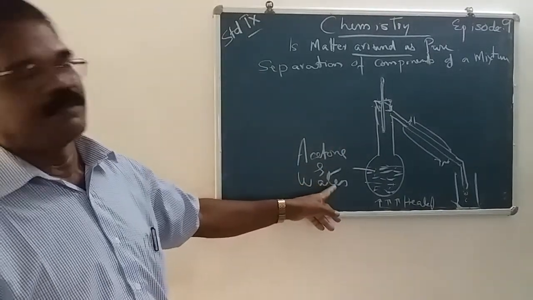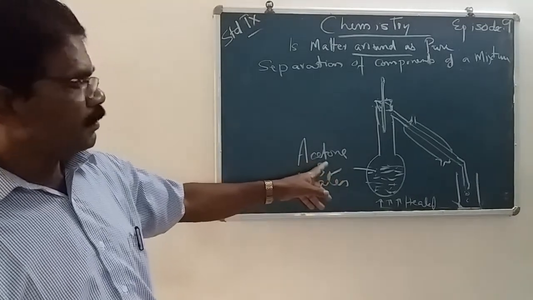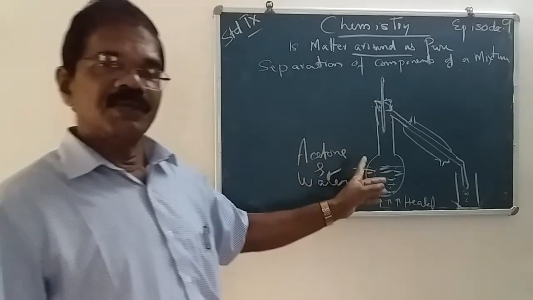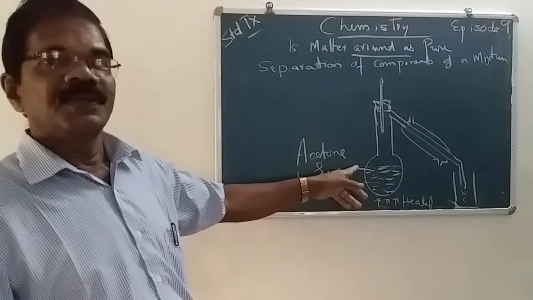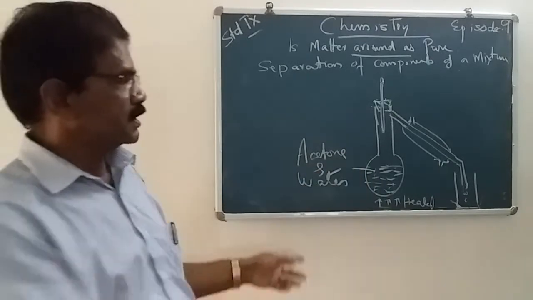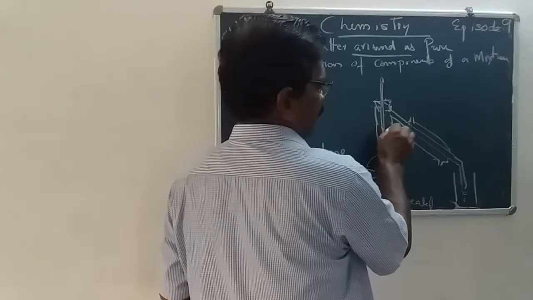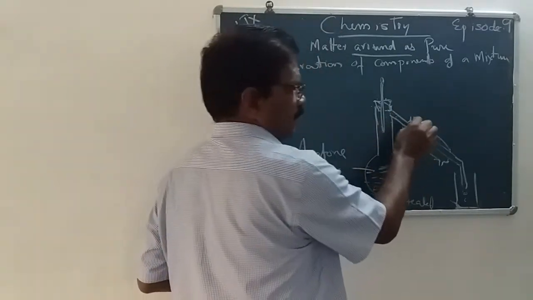We know that the boiling point of water is 100 degrees centigrade, and the boiling point of acetone is below 70 degrees centigrade. So on heating, which substance vaporizes first? Acetone vaporizes first.